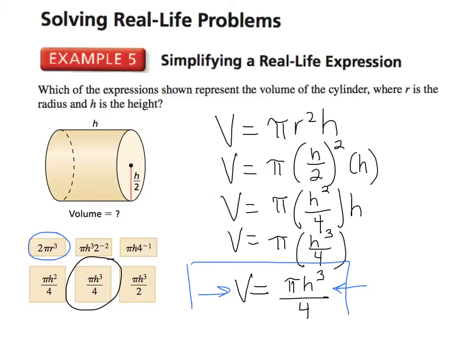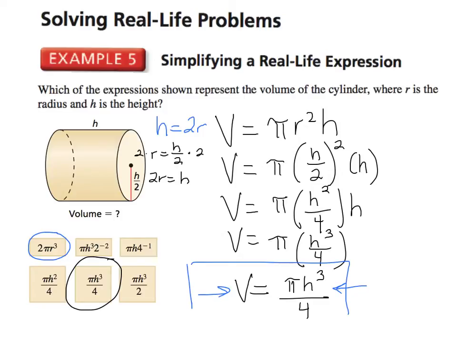You know that h, the height, is equal to what? 2 times the radius, because we know right here the radius is equal to h divided by 2. If I actually multiply both sides by 2, that gives me the height is equal to 2r.